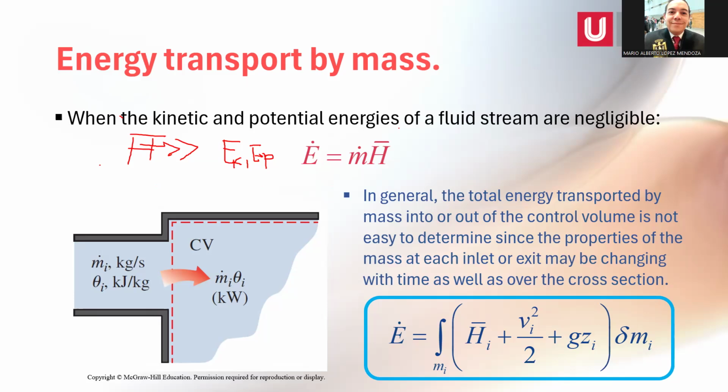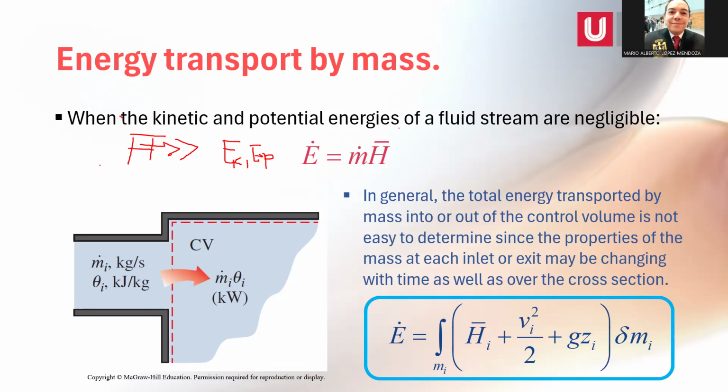So, finally, in general, the total energy transported by the mass into or out of the control volume is not very easy to estimate or to determine. This is because the properties of the mass can be changing with the flow. Along the time or along the process, properties such as temperature, pressure, density, which are related to the enthalpy, can change.